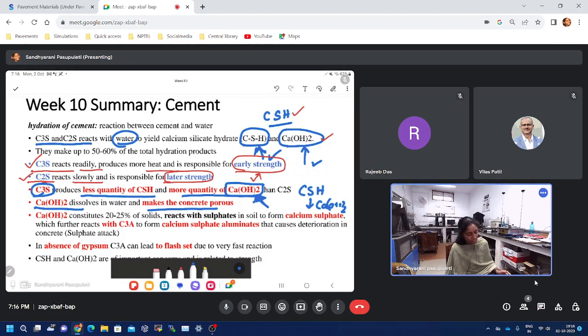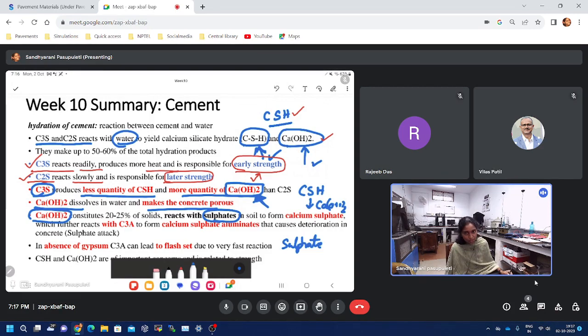Calcium hydroxide also makes the concrete porous, but in addition to that, this calcium hydroxide reacts with the sulfate, and this sulfate will deteriorate the concrete surface. When it deteriorates the concrete surface, that is called sulfate attack. That is the reason why we need to limit the sulfates.